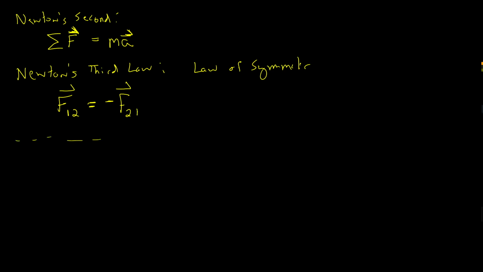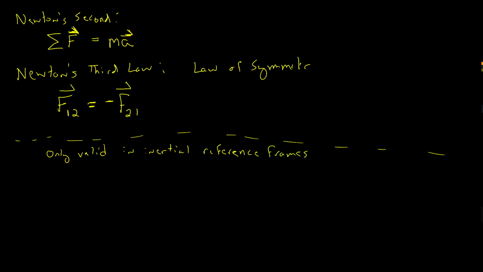Now, a couple things happen here that give the motions we see some limiting factors. The first is that all of these laws are only valid in inertial reference frames. And it's a weird recursive definition.